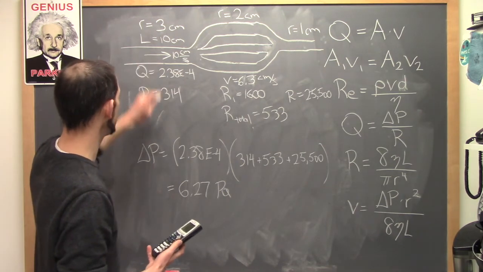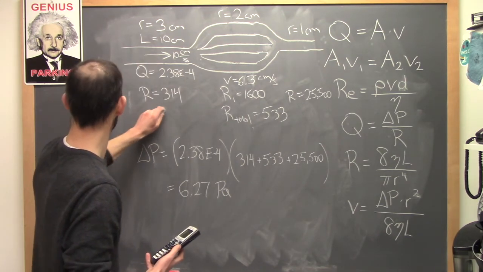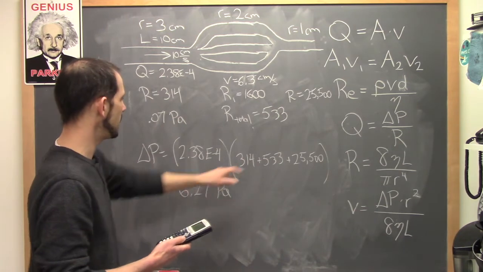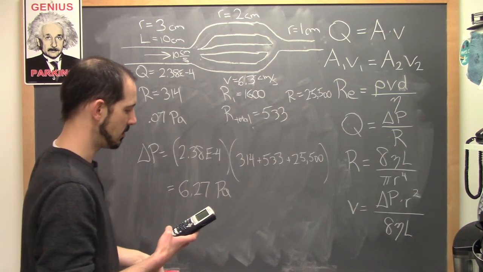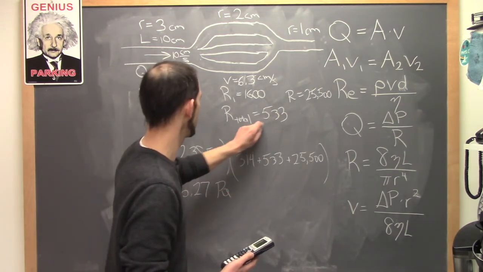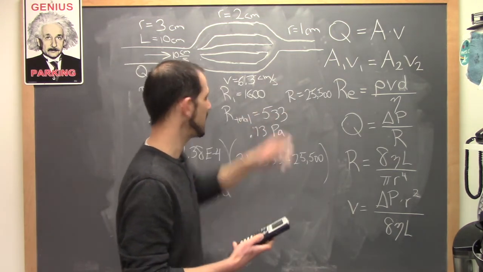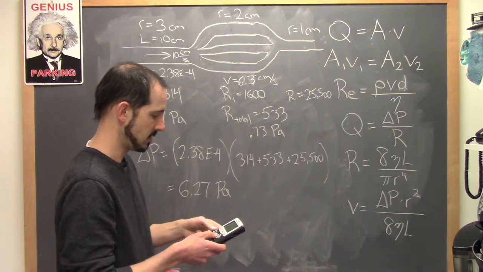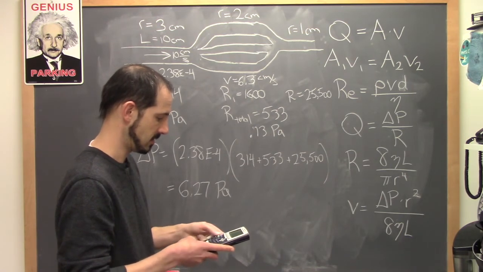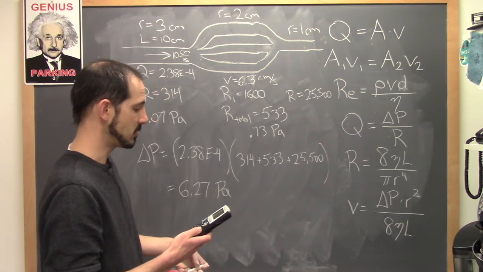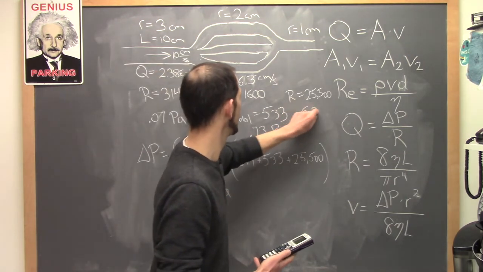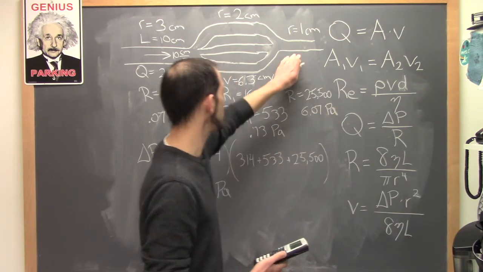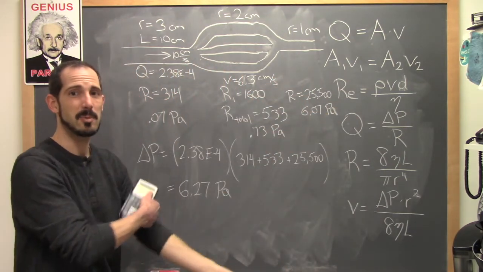You need 0.07 pascals to get through there. And then to get through the 533, you need 0.13 pascals. You finally get through that last section, 25,500. Then you need basically 6.1, well, 6.07. So again, most of the pressure is needed to get through that last section of pipe.